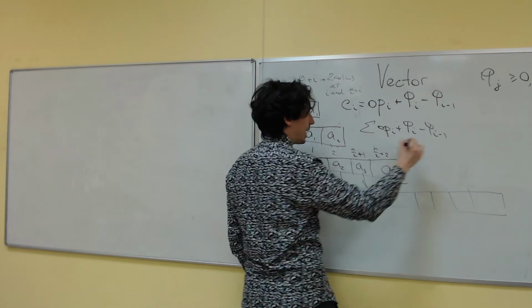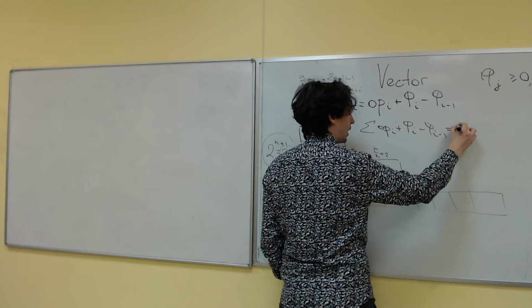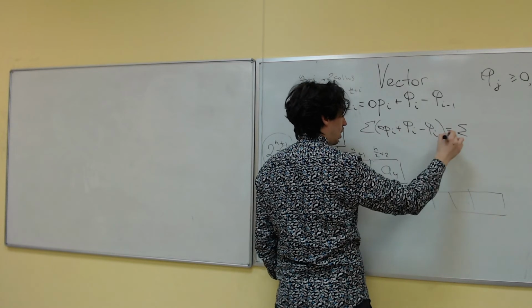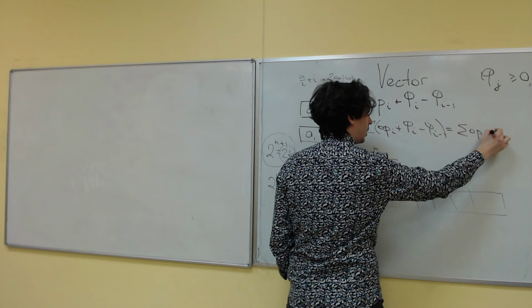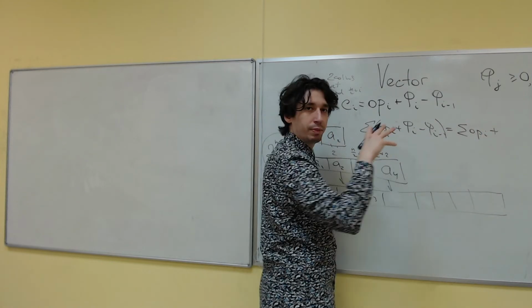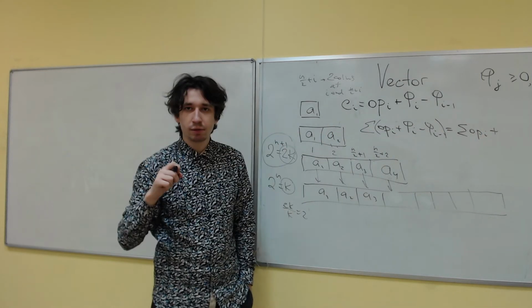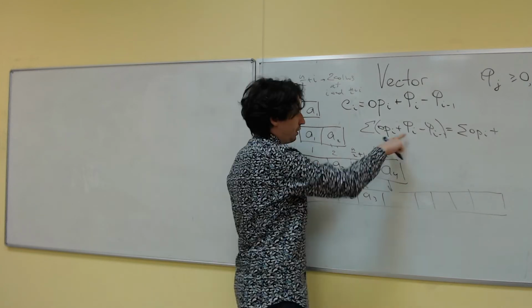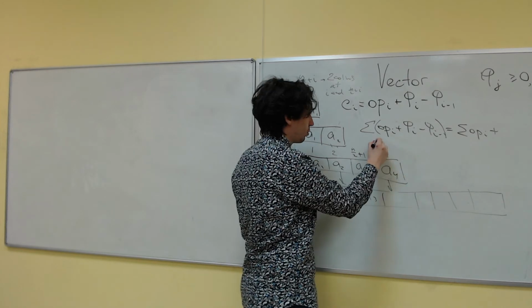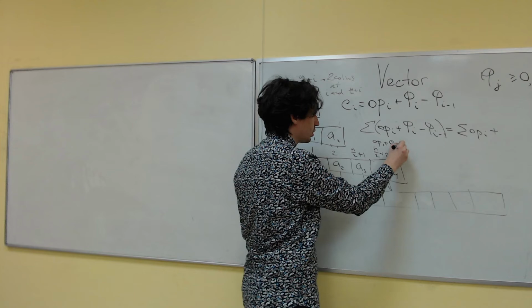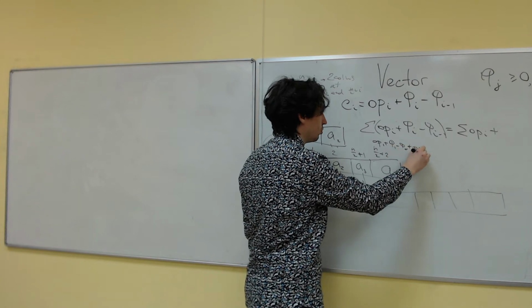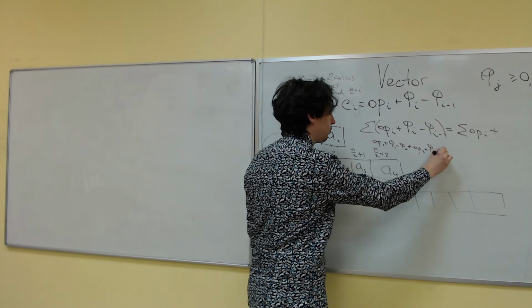Then if you perform that, then at the end you will have the sum of operations, and everything here will be telescopically subtracted. If you write this out, you have op1 plus f1 minus f0, plus op2 plus f2 minus f1, and so on.